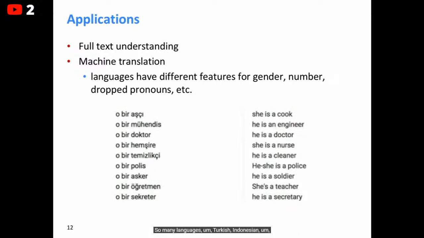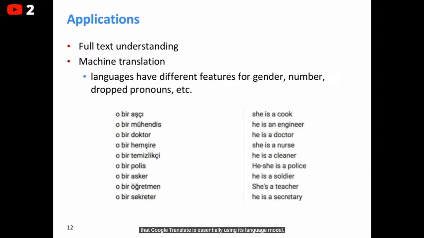So many languages, Turkish, Indonesian, don't actually have gender, so they're much less sexist languages than English, French, or German is. But what happens when you then translate where you just have a generic pronoun that means third-person pronoun?